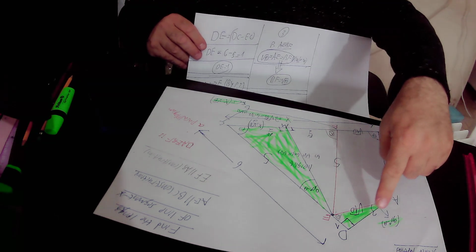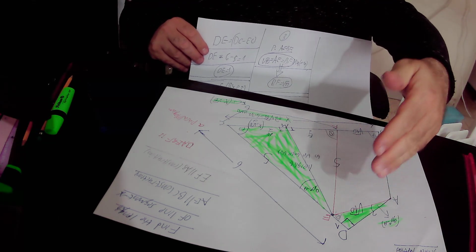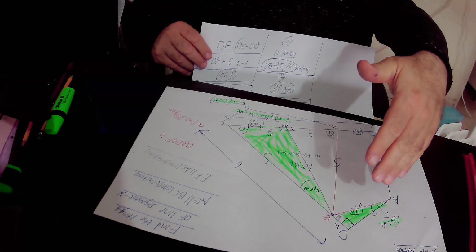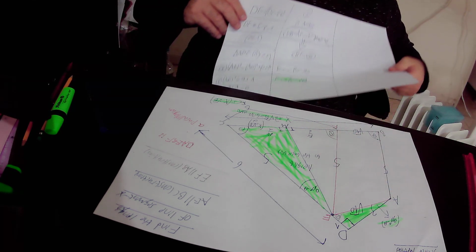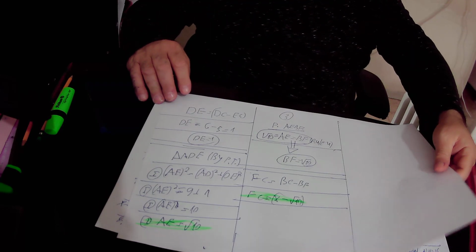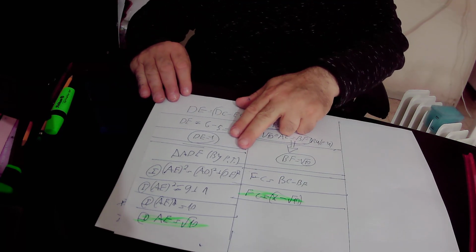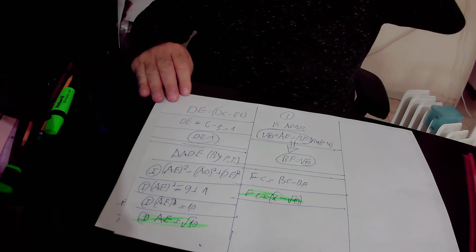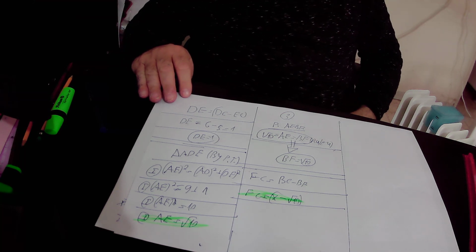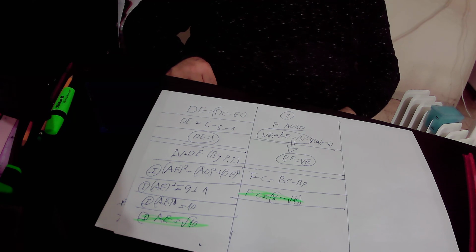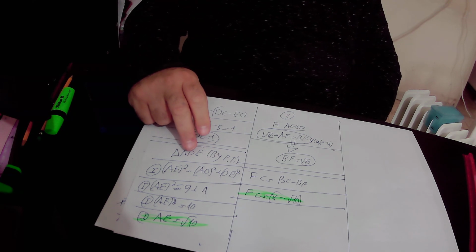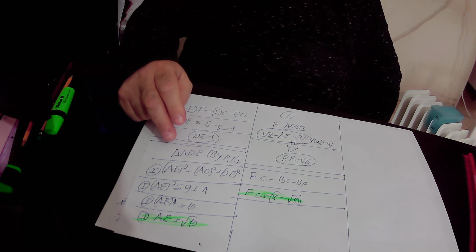AD equals 3 units, so we can apply the Pythagoras theorem on the green small right triangle, triangle ADE, in order to find the hypotenuse AE. According to the Pythagoras theorem, the square of the hypotenuse equals the sum of the squares of the perpendicular sides. That is to say, AE squared equals AD squared plus DE squared.